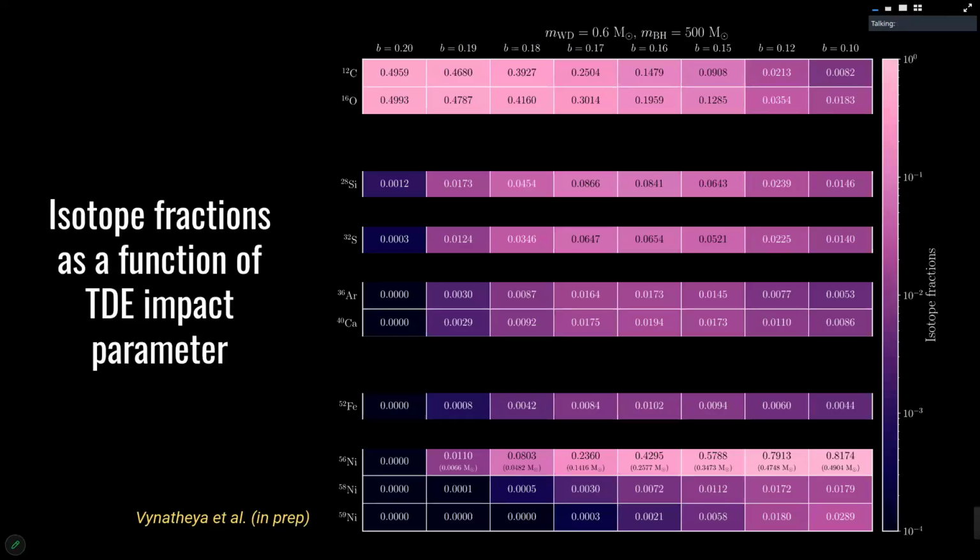You have the relevant isotopes on the y-axis and impact parameter on the x-axis. So this is a wider impact parameter, and here is the closest impact parameter on the right. And these are isotope fractions after pericenter passage. All the runaway nuclear fusion happens right at the pericenter passage because of the compression, which I mentioned before. We can talk about this later as well.